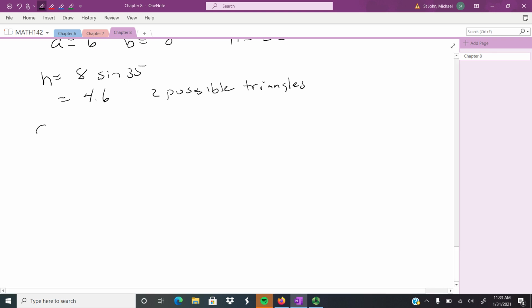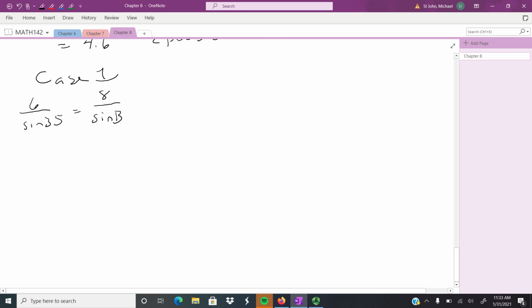So let's do case 1. And so we'll have 6 over the sine of 35 equals 8 over the sine of B. Again, cross multiply and divide, and this time we take the inverse sine because we want the angle. So B is going to be the inverse sine of 8 sine 35 over 6.